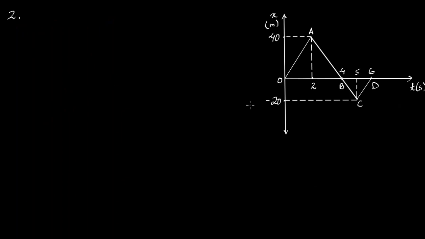So in this problem here, you have to find the total distance covered, the displacement, average speed, and average velocity. So here this is the XT graph, and this graph is drawn here. The X is measured in meters, whereas the time is measured in seconds.